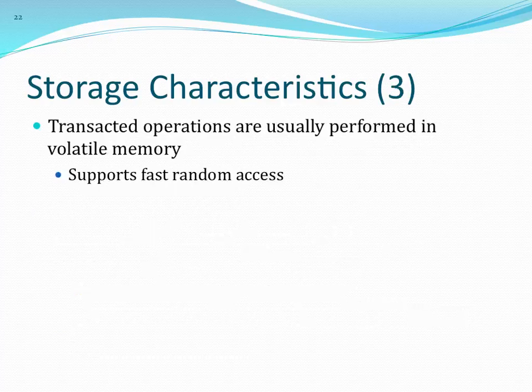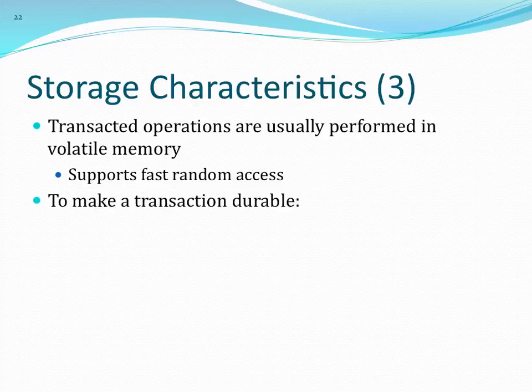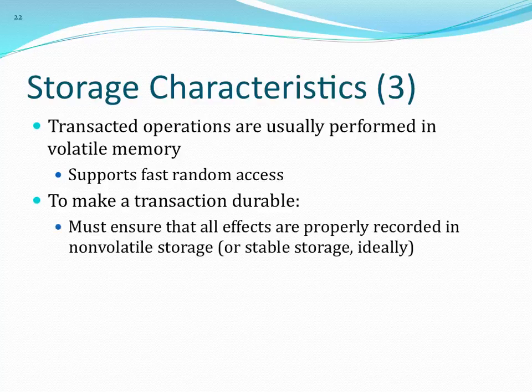Now we usually perform our transactions in volatile memory because otherwise it would be slow. It would be dumb to just read and write to the disk all the time. Our disk light would be on all the time and our database would be slow. So in order to make the transaction durable, if I have all of this state change in memory, I somehow have to get it out of volatile storage and down into non-volatile storage in a way that I can guarantee it actually makes it.